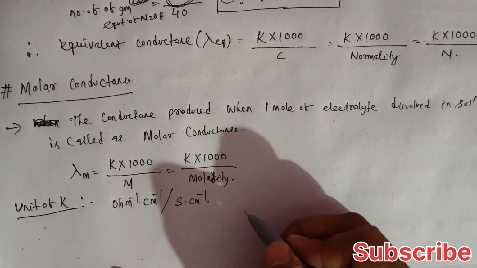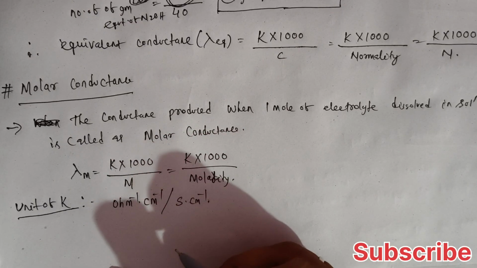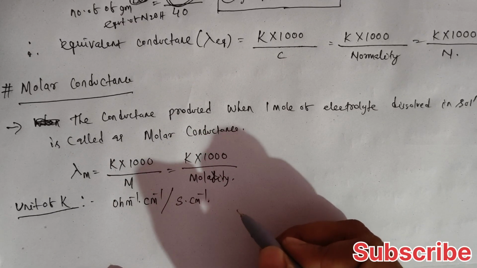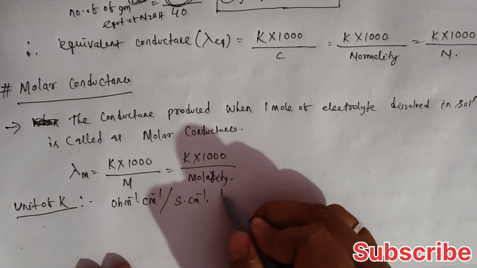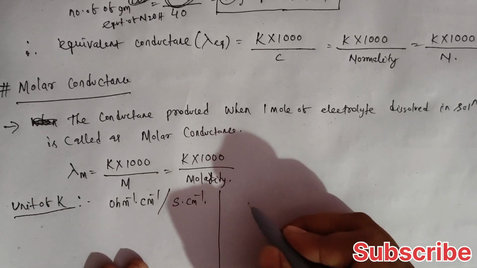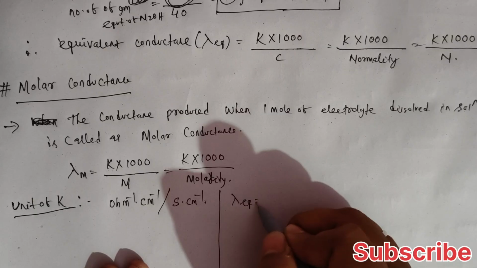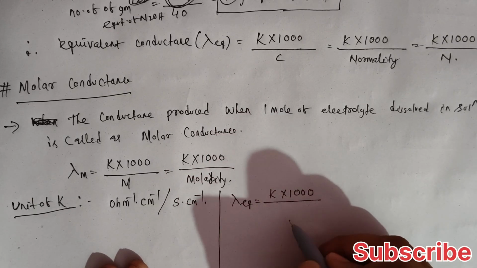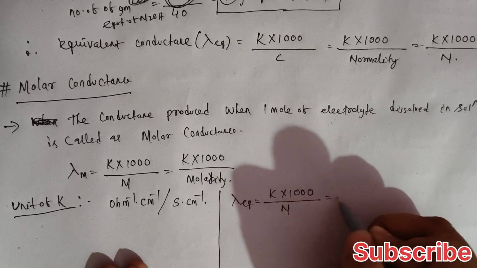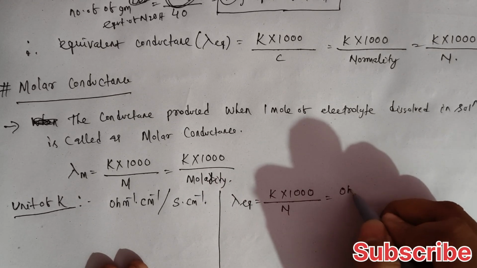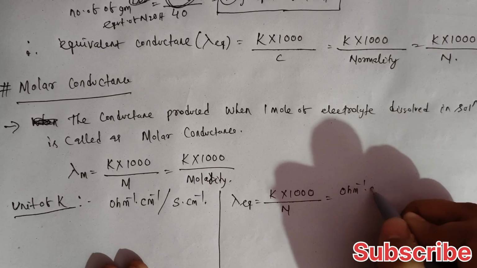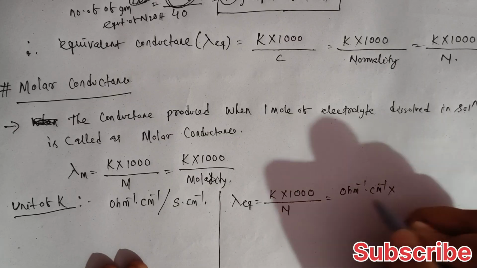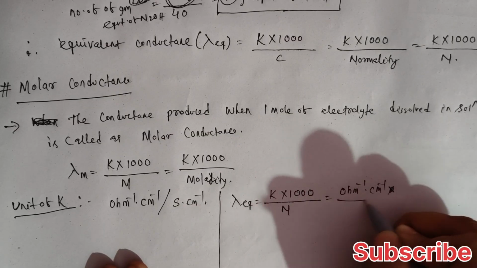Now we have to find out the unit of lambda eq. Lambda eq formula is k into 1000 whole divided by normality. So what is the unit of k? This is ohm inverse centimeter inverse. This 1000 is a constant, so no requirement.